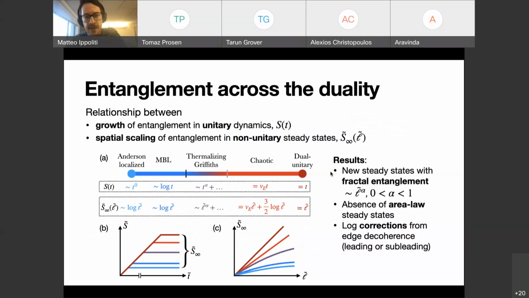So maybe the more novel result is that this sub-ballistic scaling of entanglement here dualizes to a sub-extensive growth in space in the dual. So Tarun has shown us fractal scaling in space in this Floquet Aubry-André ring model.